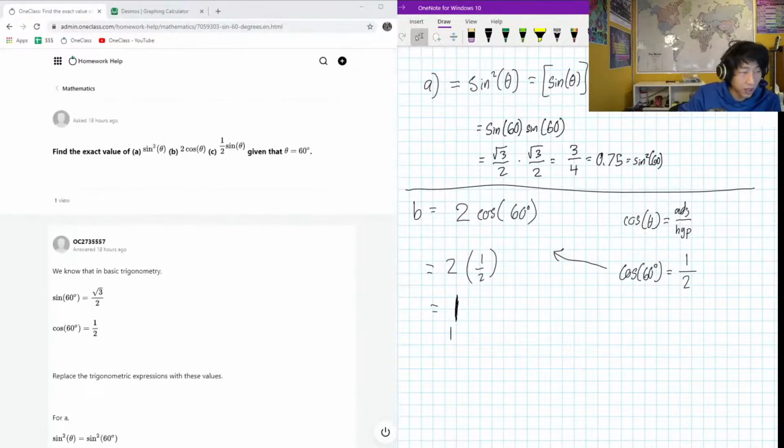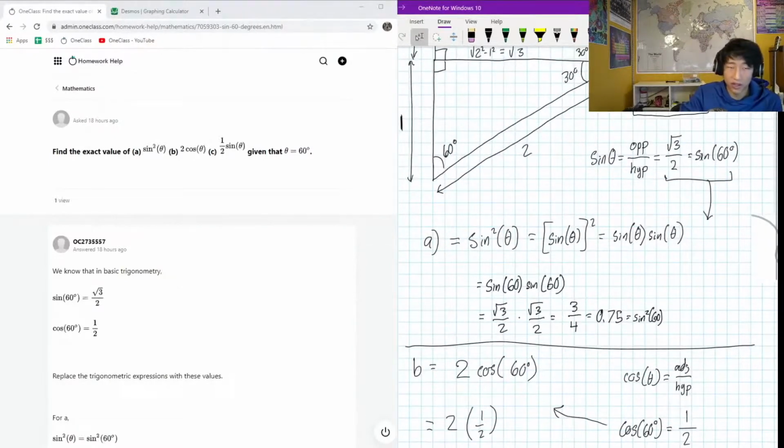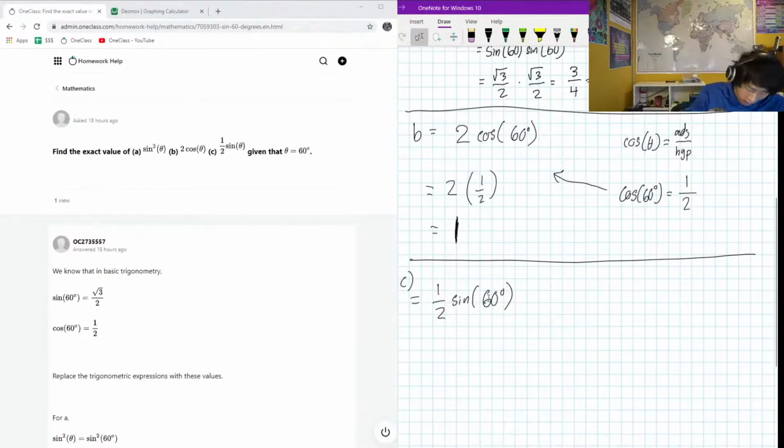Now that's B. The last one that we got is 1/2 of sine theta, 60 degrees in this case. And as we've seen from up here, we know that sine 60 degrees is going to be √3/2, so we can just immediately sub that in. 1/2 times √3/2.